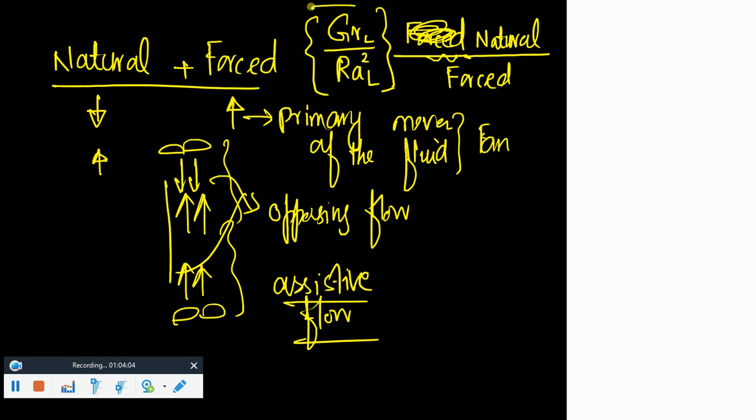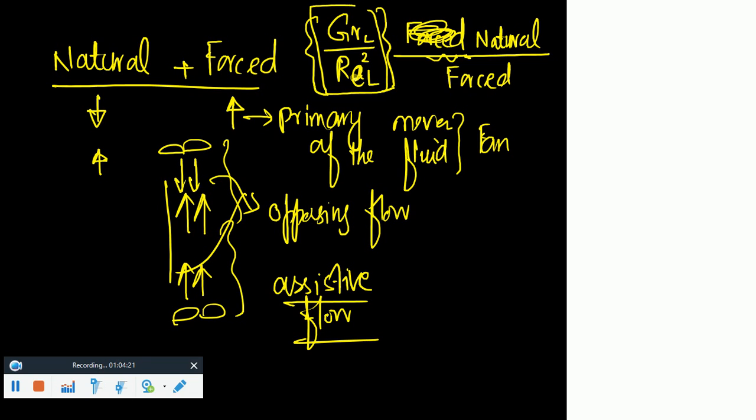If this ratio is 1, what would you think out of it? That the heat transfer rate provided by the natural convection should be equal to the heat transfer rate provided by the forced convection.